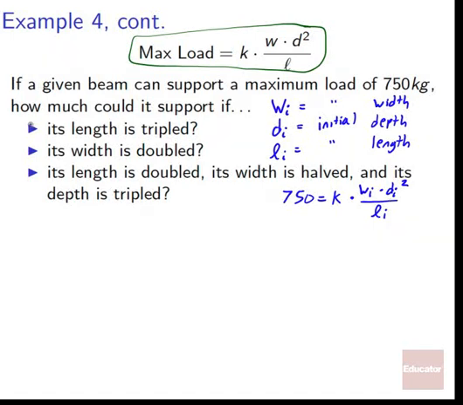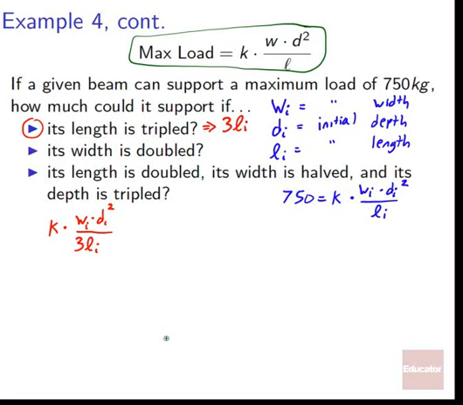So first one, if its length is tripled, we are going to have a different thing than Li, but it's going to be connected to Li, right? If we triple the length of Li, it's going to be 3 times Li. So what is it going to be if we've got K times di times Wi over 3Li?